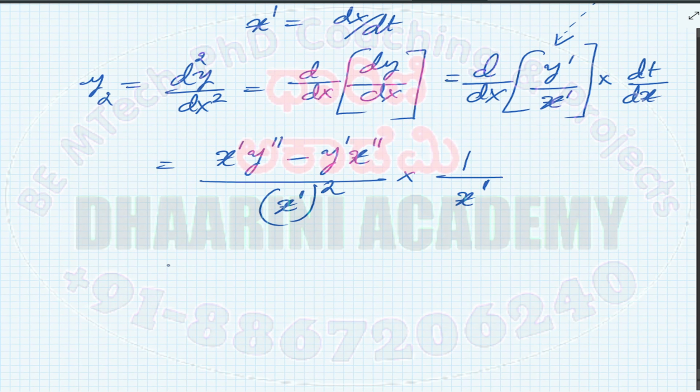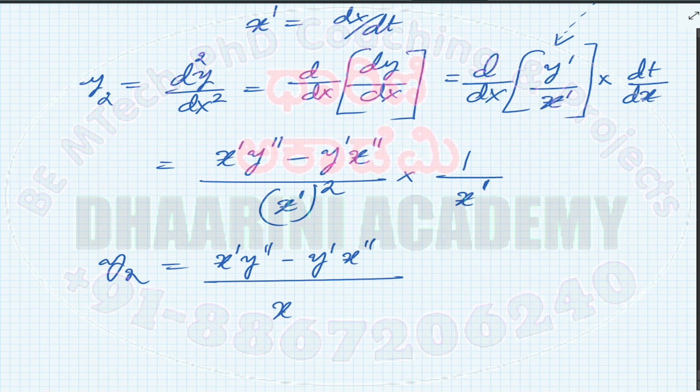So this is still y2. What is y2? Y2 is equal to x dash y double dash minus y dash x double dash, divided by x dash square into x dash, which I can write as x dash cube.